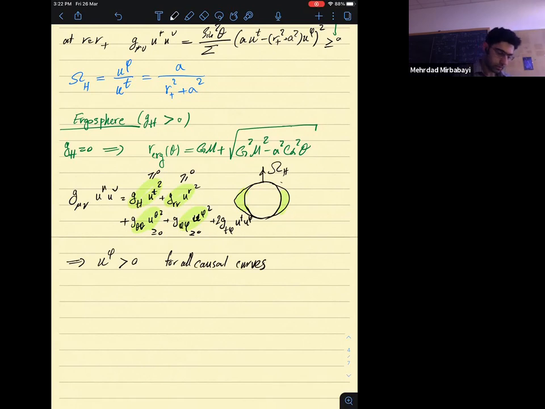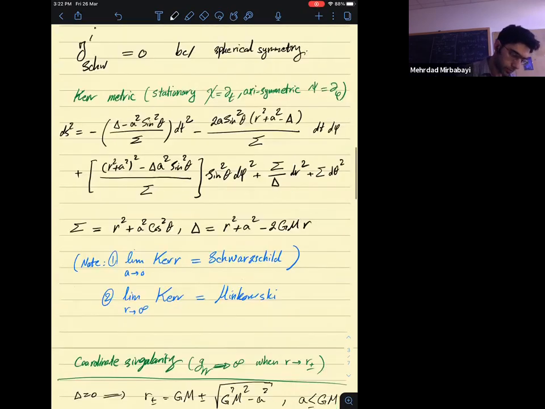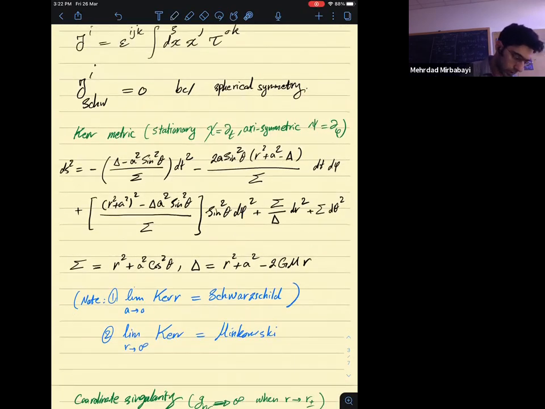Why? Let us go back to the metric. Here you see that GTT has become positive. This component is positive, this is positive, and this is positive. The only non-positive component of the metric is GT phi.